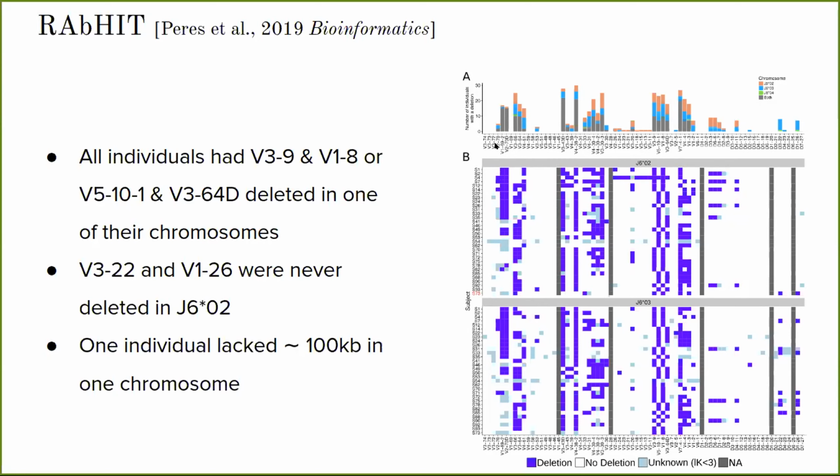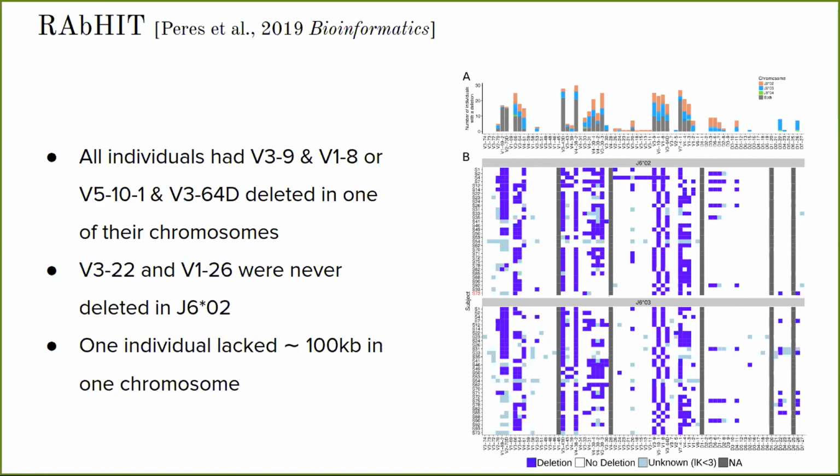Now the top panel represents the sum of the deletions. And what's interesting here is, again, we see patterns of the deletions with coupled genes. So again, we see that V39 and V18 are deleted together.